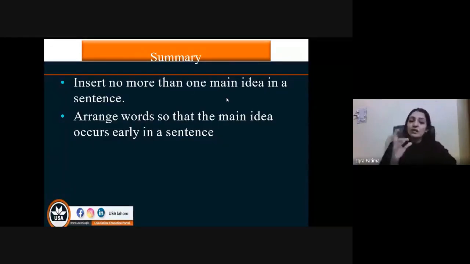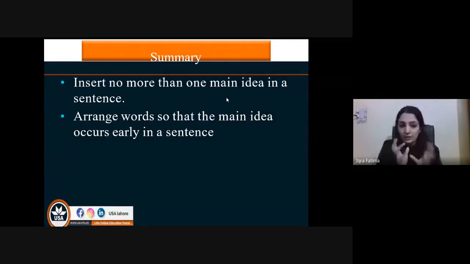So these are the 4 to 5 things which you have to keep in your mind in order to make your message clear. So in the next class, when I ask you about clarity, you have to tell me these tips. Remember, in the 7 C's, whatever tip I am telling you, that tip should be at your fingertips. Okay?